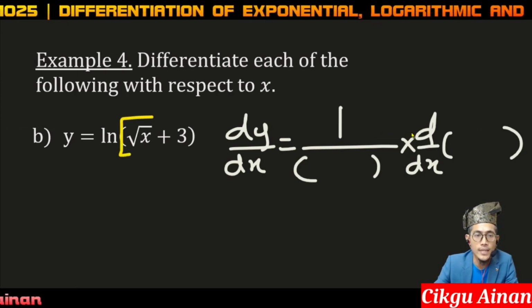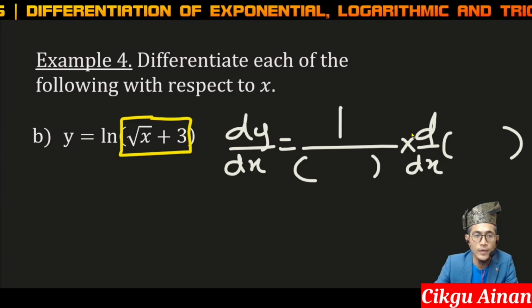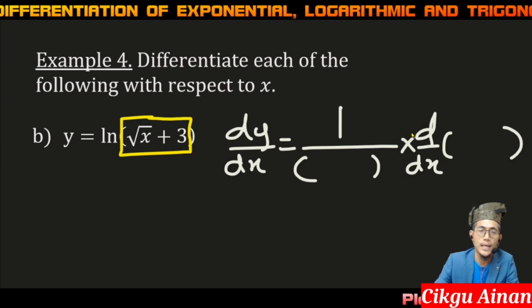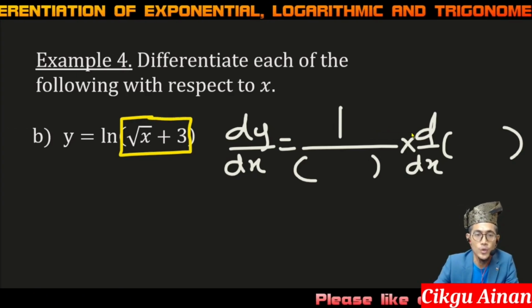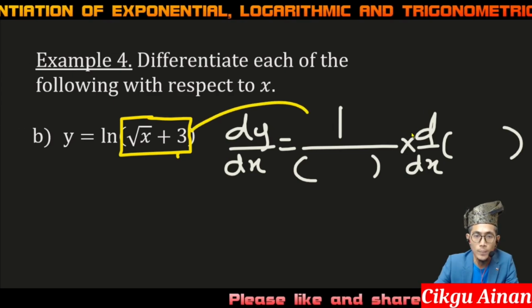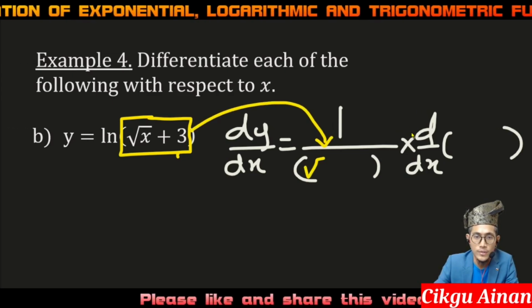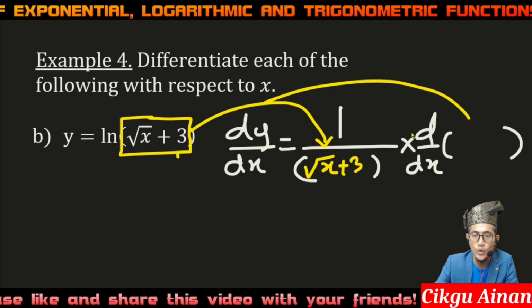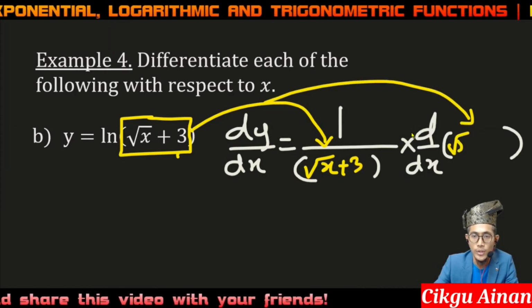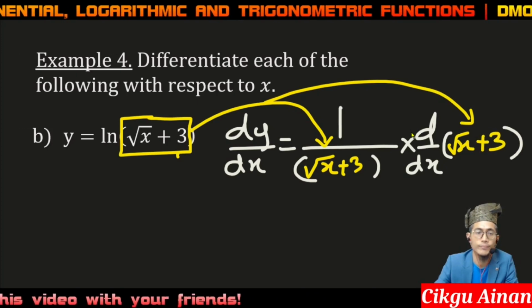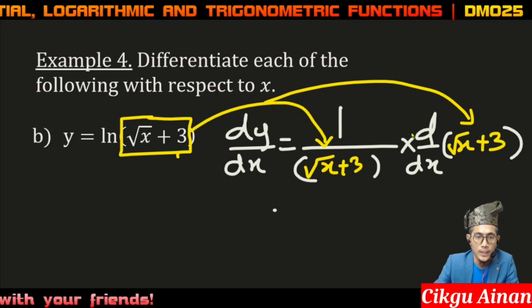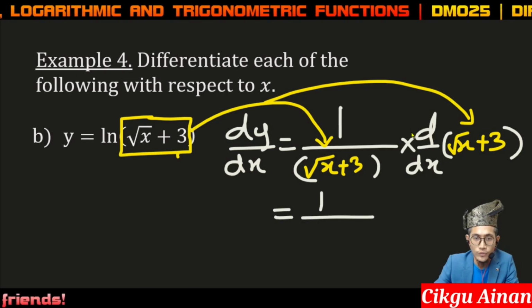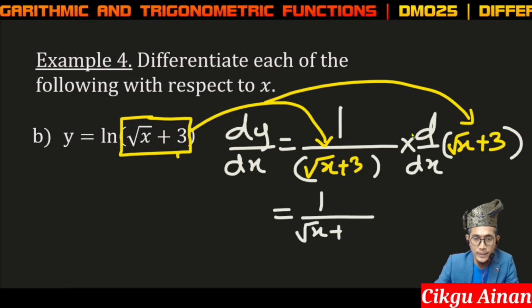The bracket is everything from square root of x until plus 3. So we copy and paste over here, square root of x plus 3, and over here as well. Now we can continue: 1 over square root of x plus 3.